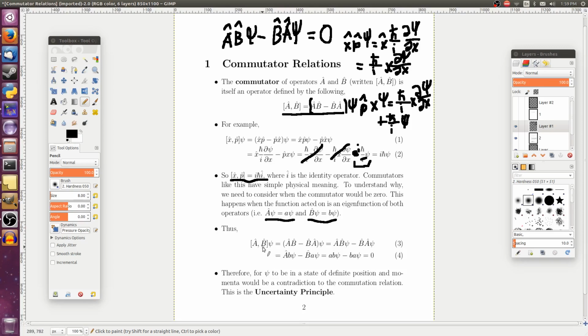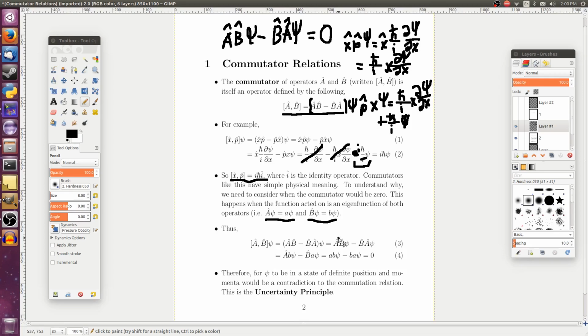So if I look at the commutator, I have AB minus BA acting on psi, and we're always going to be worried about linear operators, so we can decompose that into AB acting on psi minus BA acting on psi.